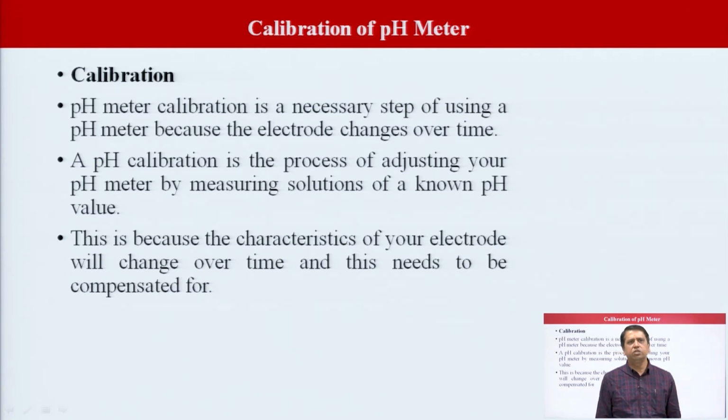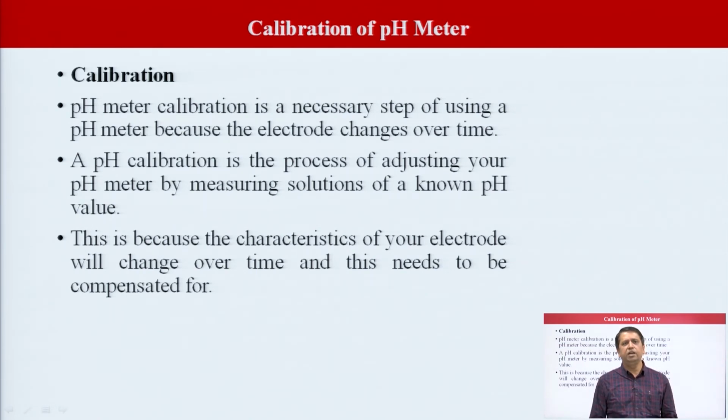This is because the characteristic of your electrode will change over time and this needs to be compensated for. Now, you can easily understand the pH meter is one of the sensitive equipment.